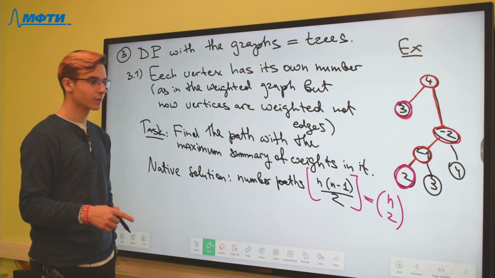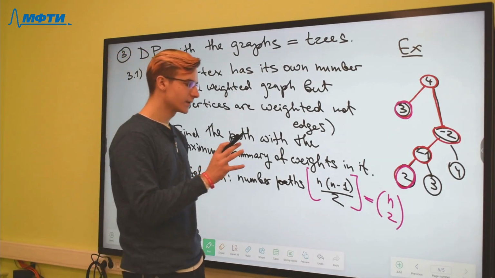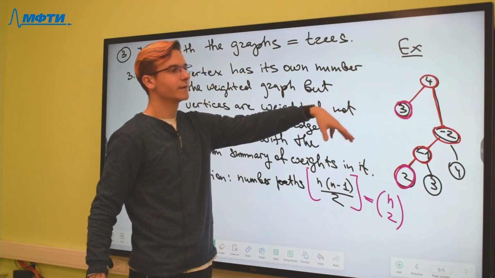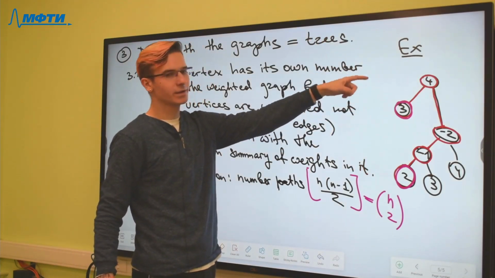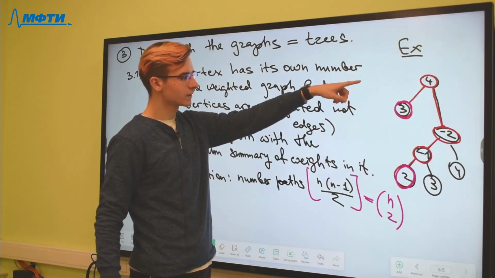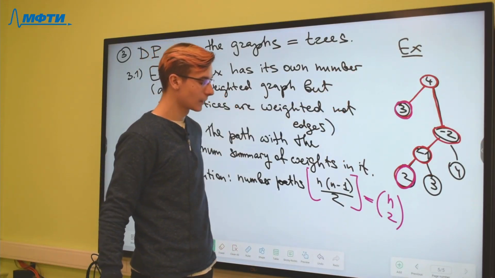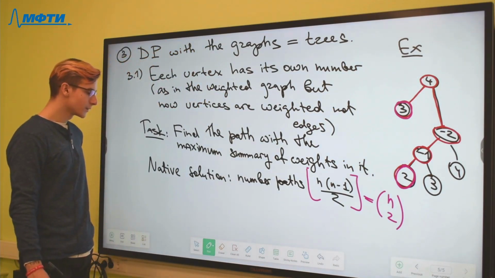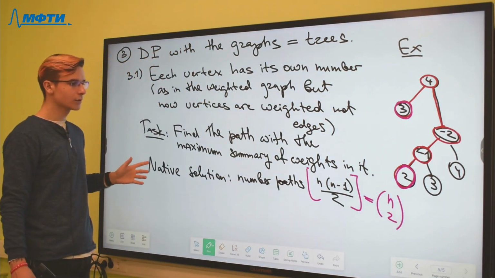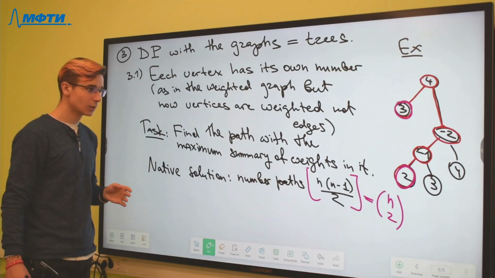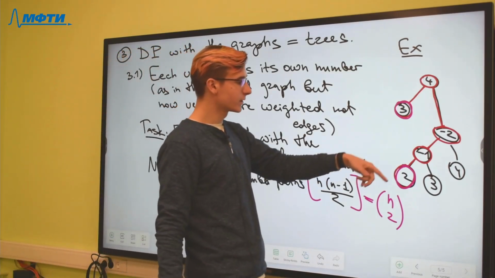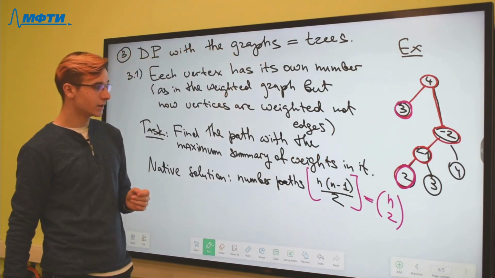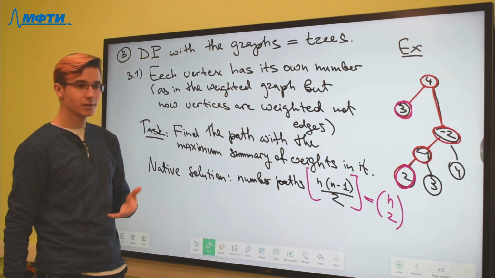Yes, in the commentaries. And of course, you can see this formula as you choose two vertices, and there is only one path that connects these two points. So the naive solution is to find all the paths and find the sum of these paths and compare them.